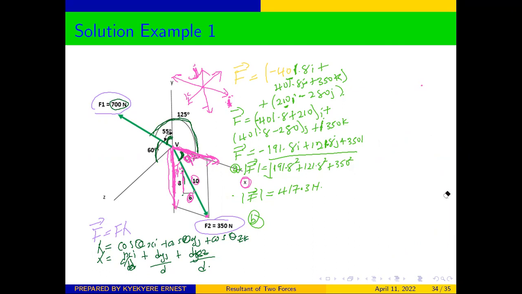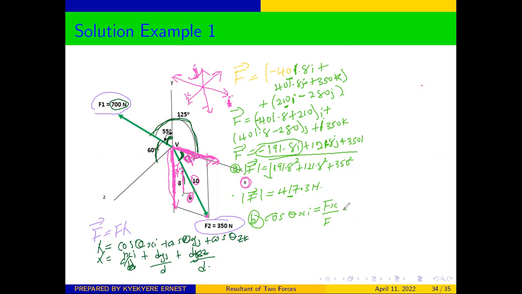So it means that we are going to get three different angles. But we know that cos theta x is equal to the force in the x-axis, which is this one. So Fx over F, the force in the x-axis over the magnitude of the force which we have here.